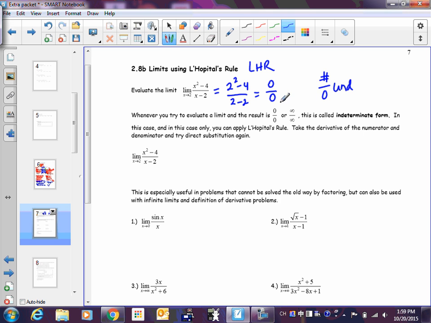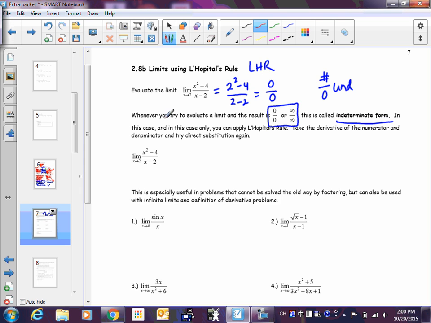But 0 over 0 and infinity over infinity are something we call indeterminate form, which means that we just don't know. The answer could be 0, it could be 1, it could be another number, it could be undefined, it could be infinity, but we don't know yet. There are other examples of indeterminate form, but these are the only ones that we're going to see.